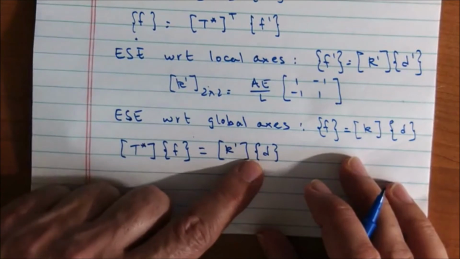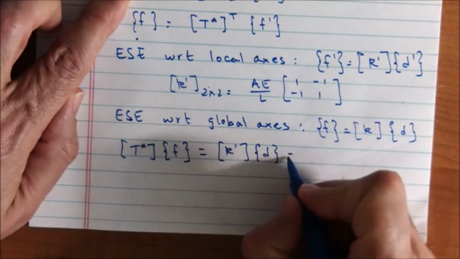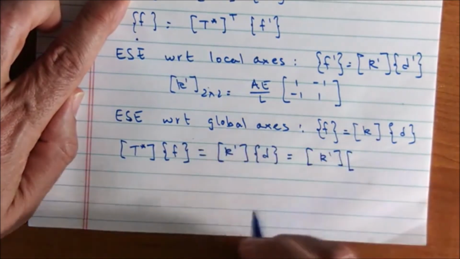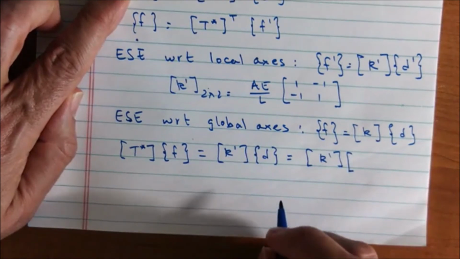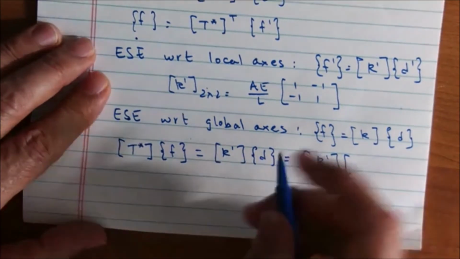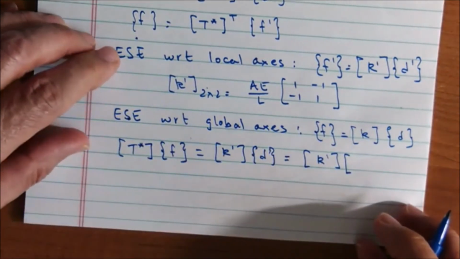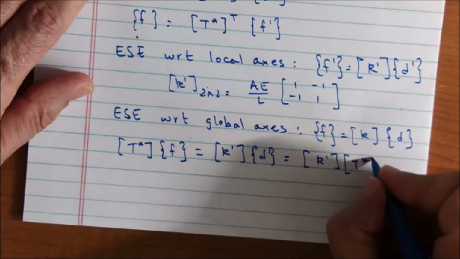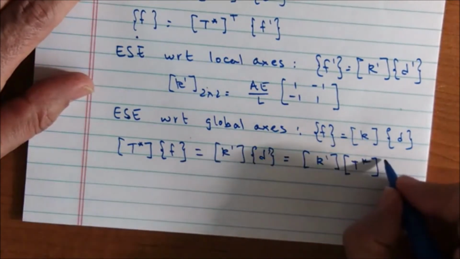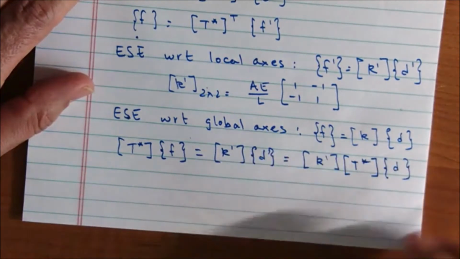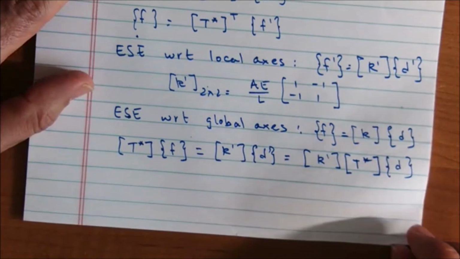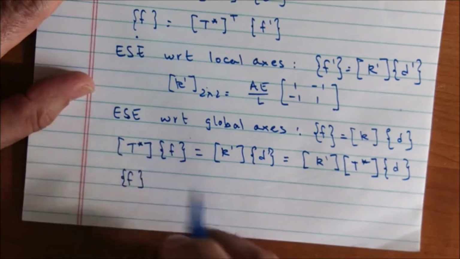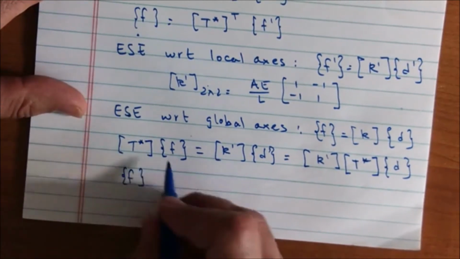Now, if I substitute for D prime from this equation, this is equal to K prime, and for D prime, we can put T star times D. Now, if I want to solve for F, I multiply by T star transpose on both sides, because it's the inverse.